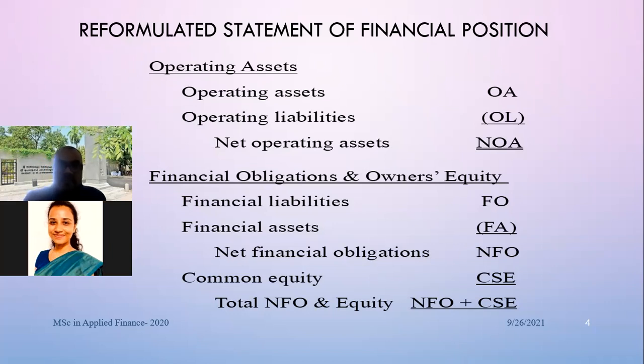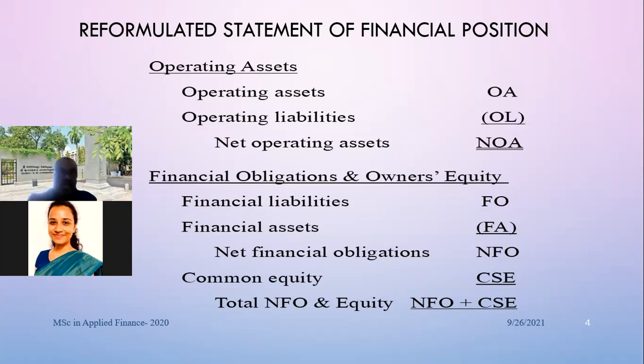Assume that the total capacity you require is 100 million. Therefore, operating assets are 100 million, whereas you have leverage from operating liabilities such as creditors, deferred payments, and some accruals amounting to 20 million. Therefore, 100 million minus 20 million comes to 80 million.